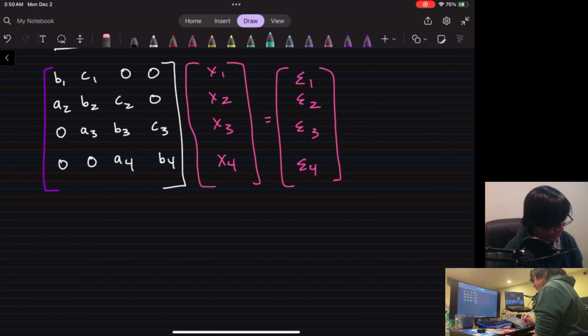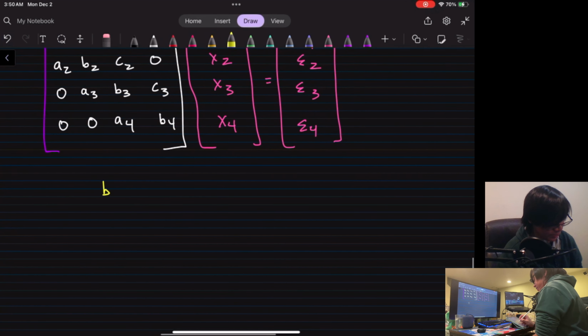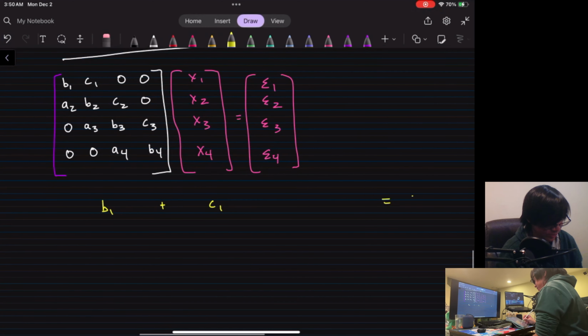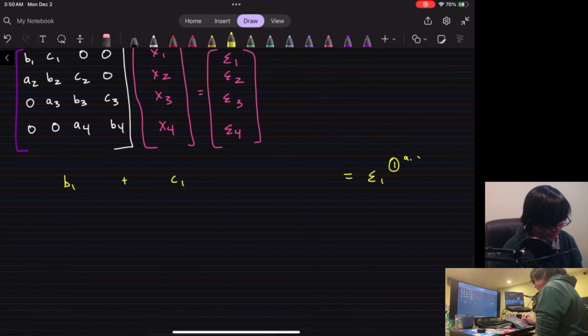So we would have B1 x1 plus C1 x2 equal to epsilon 1. We can call this our first equation. One of the first steps we take is to divide by B1.